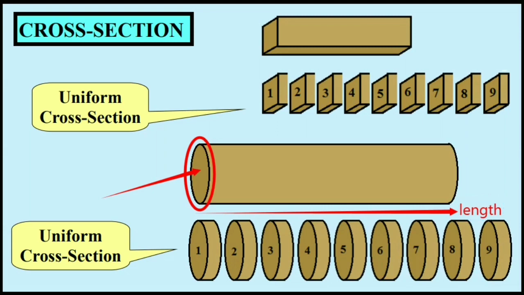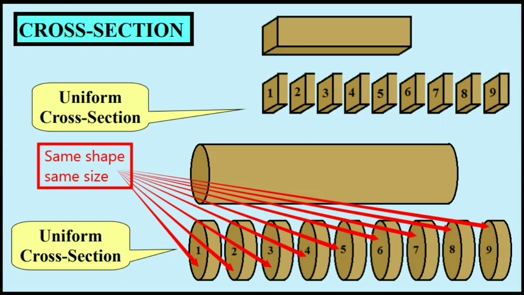If I cut many slices parallel to the circular surface shown here or perpendicular to the length of the cylinder as shown here in the diagram, then observe that all the circular surfaces created here are of same shape and same size. Hence, this cross-sectional area is uniform, means it has this circular surface as the uniform cross section.